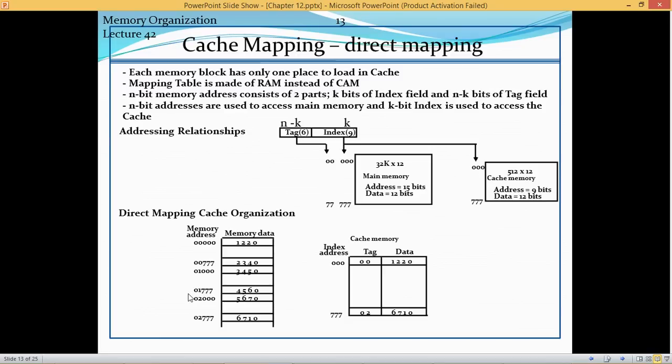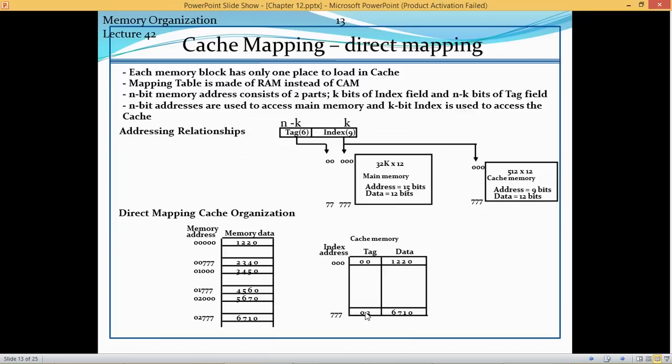Now if your system requires any address to be mapped, like if it wants this data to be shifted from this place to this, then we need to replace this value. And with what value are we going to replace it? That will be this 4560. Why? Because our index and tag are not matching. The index is 777, which is matching, but the tag is not matching.